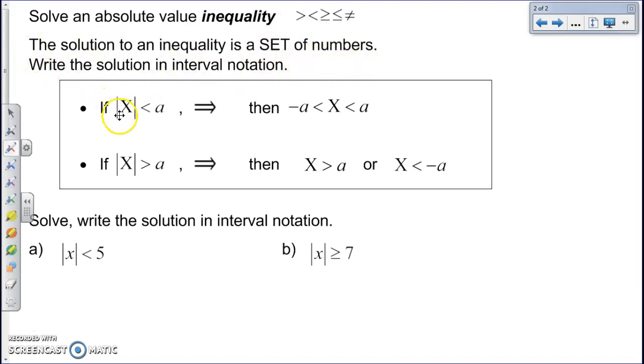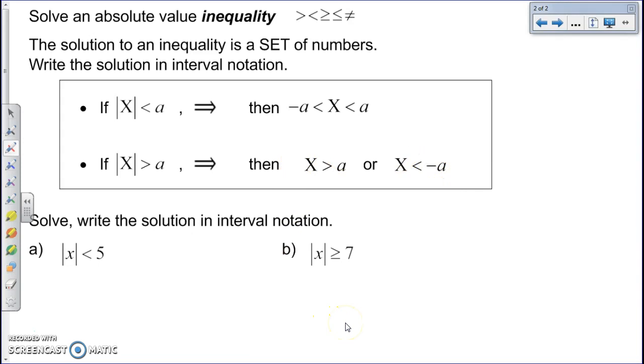So if we have an expression, absolute value of x, whatever the equation is, if we have the absolute value of anything is less than a, then x will be between two given numbers. If we have the absolute value of an expression is greater than a, then we will have options. X could fall into this interval or this interval.